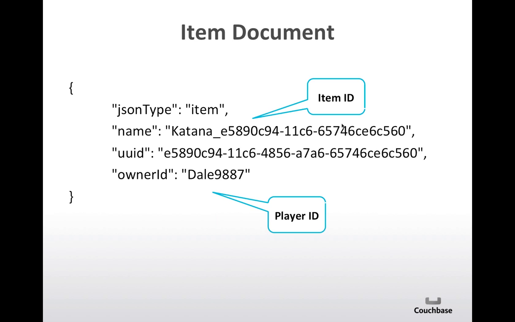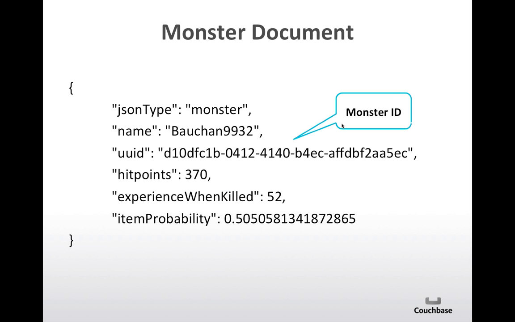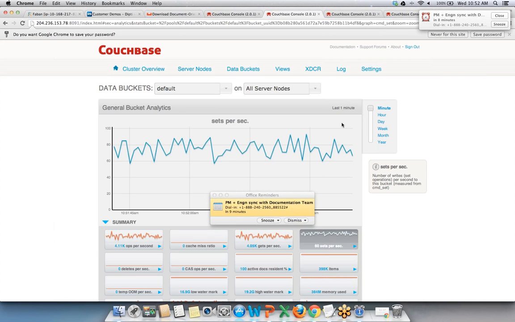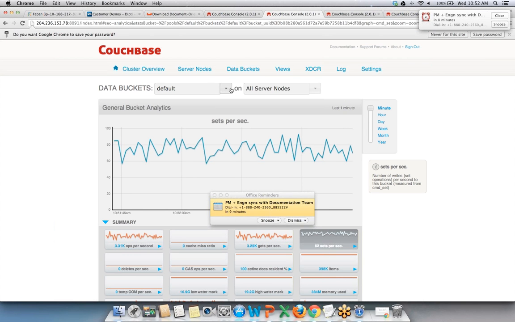So we have Dale 9887 who owns this item. And also the monster document, which again has an ID and other attributes like the experience when killed, hit points, and other stuff. So let's go back to the demo.